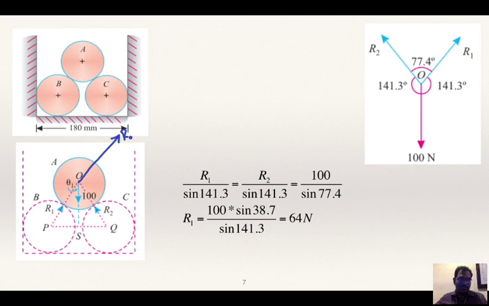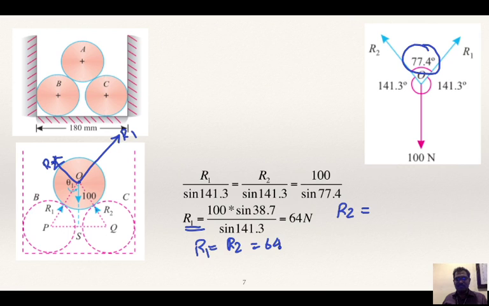So this is going to be my R1 and this is going to be my R2. Then this is actually twice the angle that is being caused, that is 38.7, and then you have this value. So you are referring to Lami's theorem and then you have found out what is the value of R1. And similarly, if required, you can find out the value of R2. R2 also will be equal to the same value as R1, and R1 and R2 are going to have the same value of 64 Newton.